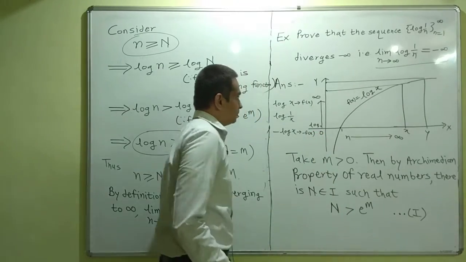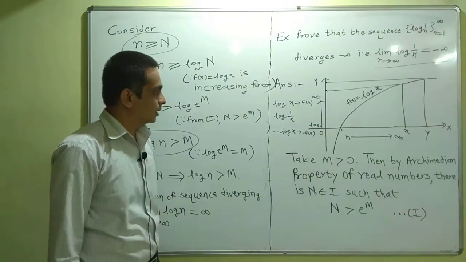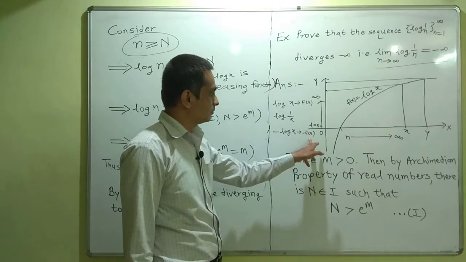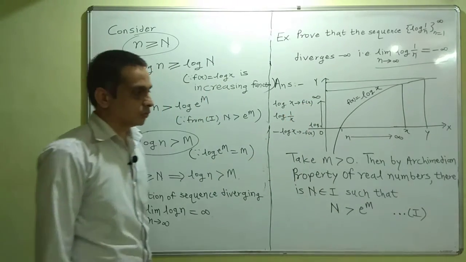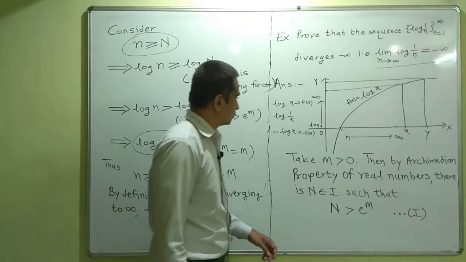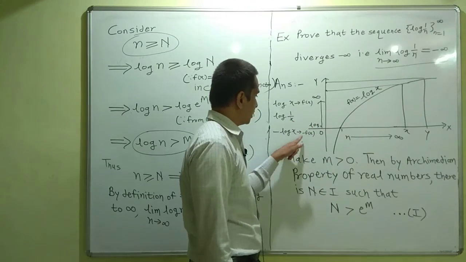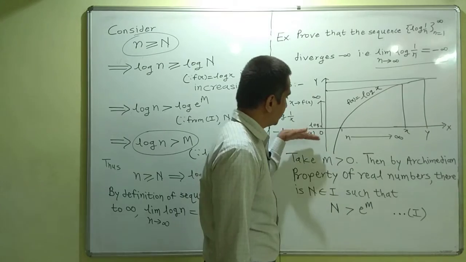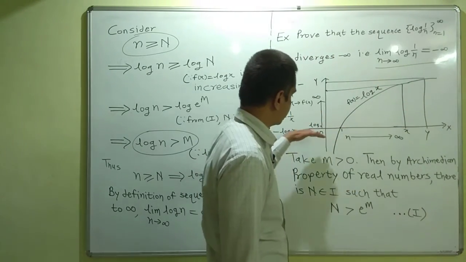What is the relation between the graph of f(x) and the graph of minus f(x)? The graph of minus f(x) is the reflection of the graph of f(x) along the x-axis. So I have to obtain the reflection of this graph of log x along the x-axis.